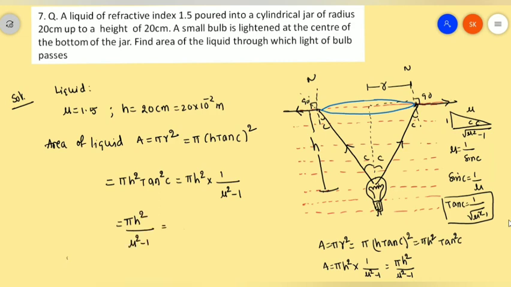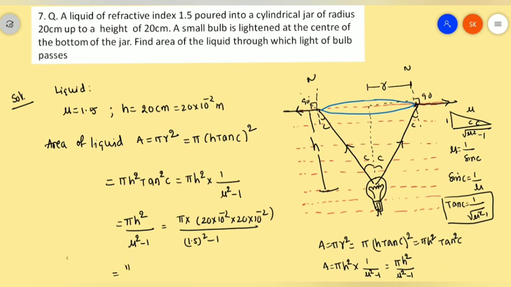This value we substitute here. Pi into h, where h is 20 centimeters: 20 into 10 to the power of minus 2 into 20 into 10 to the power of minus 2, by nu square minus 1. What is the nu value? 1.5. It is 1.5 whole square minus 1. We have to simplify it.